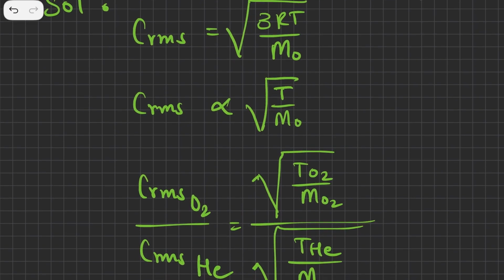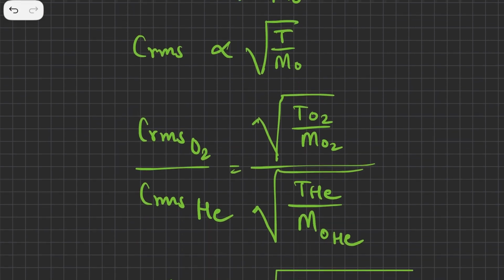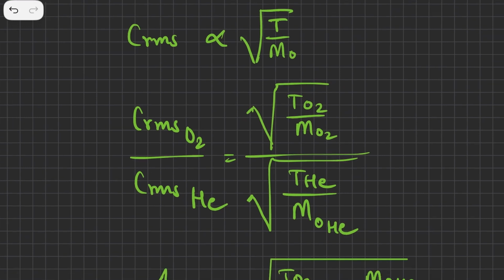Now with this equation I'm going to create two equations, one for oxygen and the other for helium. So RMS velocity of oxygen and RMS velocity of helium, square root of, if you see there is O2 here, and there is helium here and helium here. So I have created two equations out of this and I have divided them. I have taken a ratio.